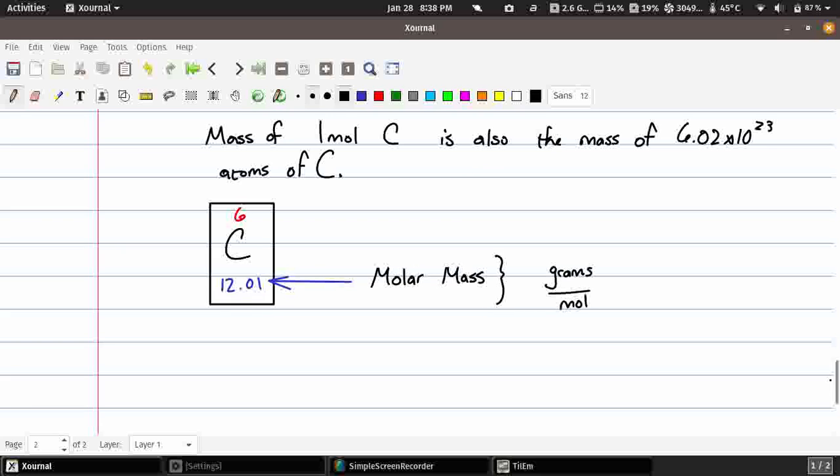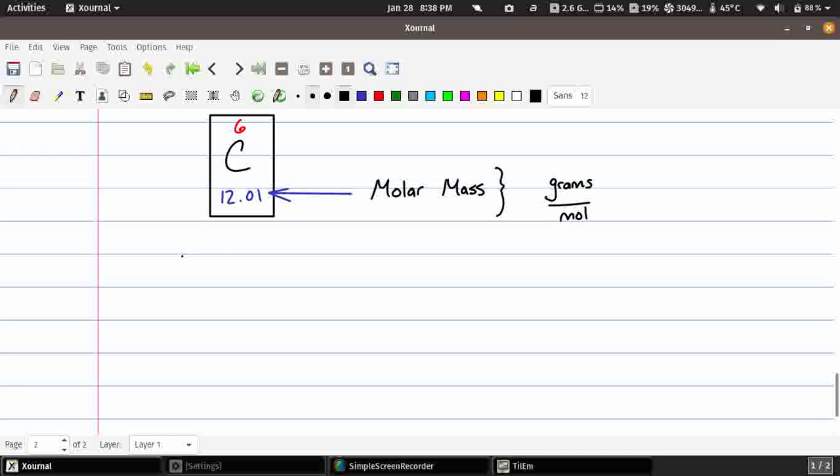So for carbon, 12.01 grams equals 1 mole equals 6.02 times 10 to the 23rd atoms.